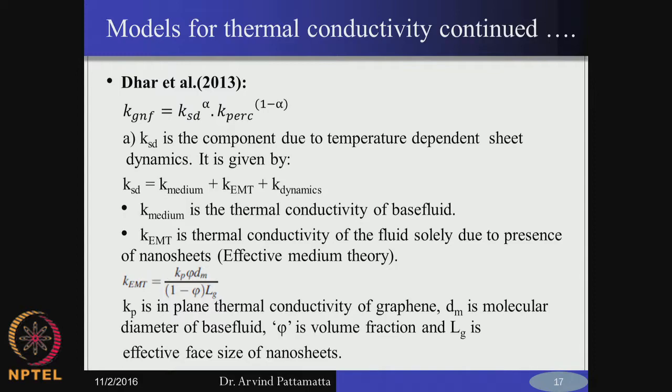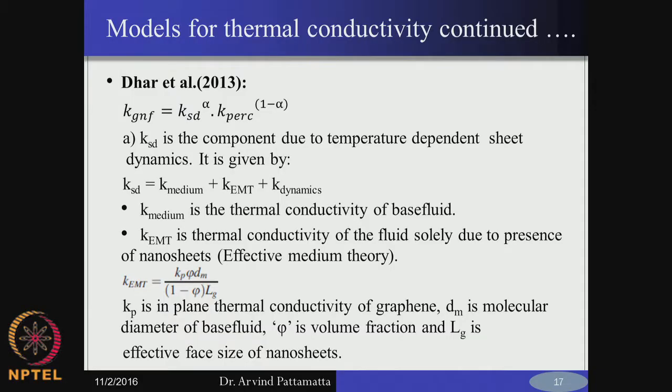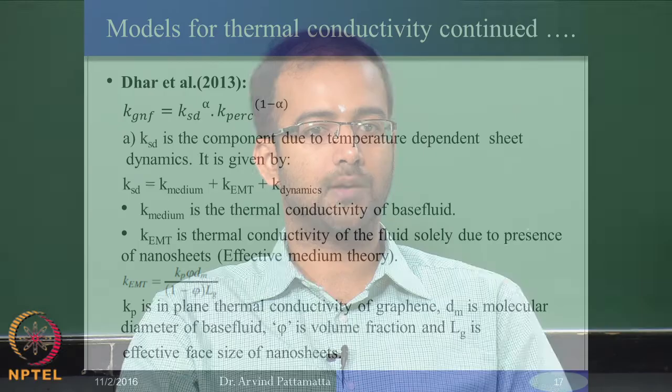But if you take a nanofluid which is purely carbon nanotubes, then these carbon nanotubes form these flake structures, linkages, and your Brownian component will be almost 0, because they cannot move as fast as the spherical particles. So, in that case your alpha will be 0, and your total effective conductivity will be only coming from the percolation conductivity.